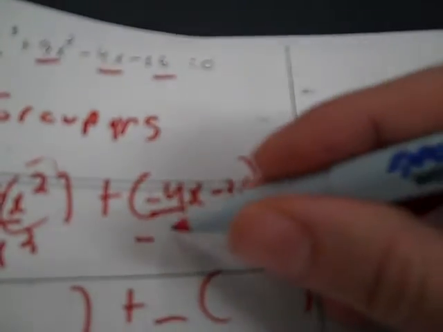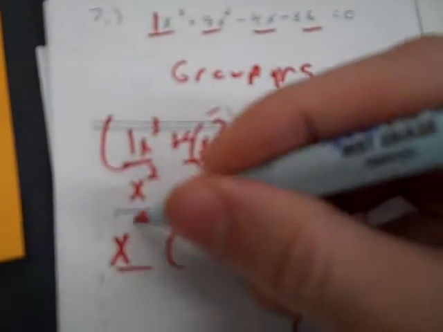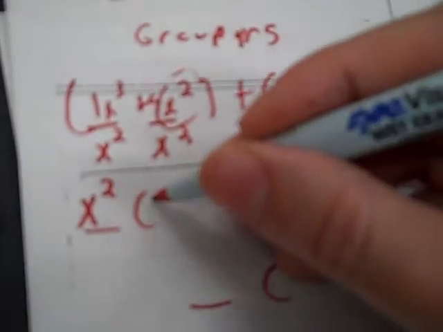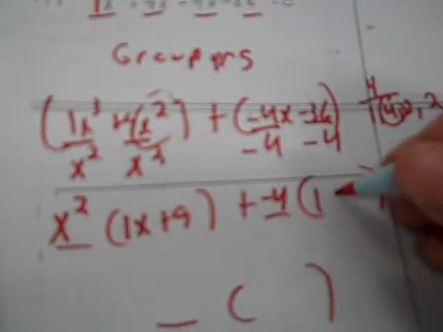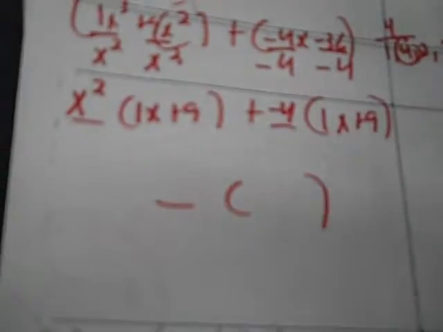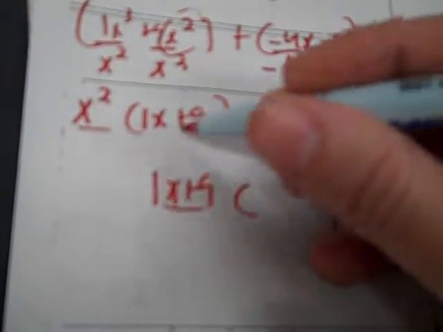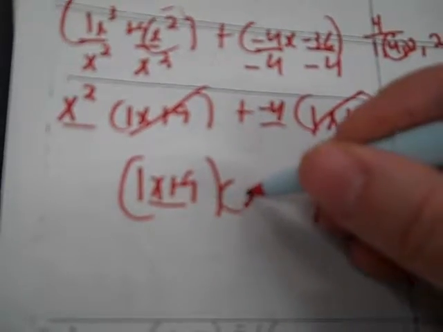Okay, so pull x squared out, pull your negative 4 out, and that's going to be 1x plus 9, and that's going to be the same thing. So 1x plus 9 factors out. And I get x to the power of 2 minus 4.